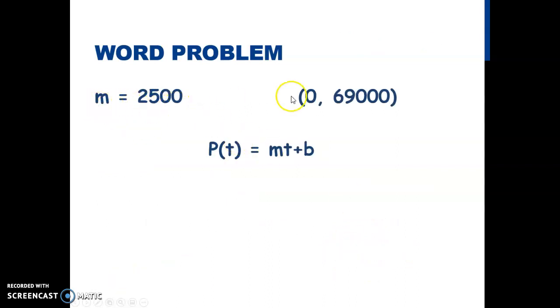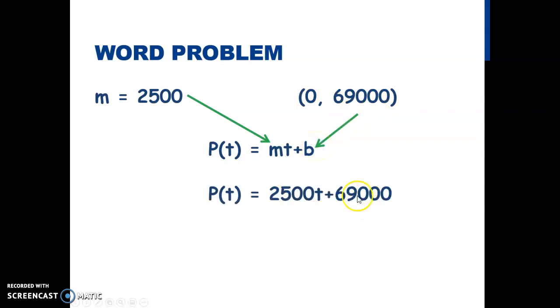Slope of 2,500, a data point of (0, 69,000), and I'm trying to make the formula MT plus B. Let's plug that slope in, and because this is the data point (0, 69,000), that's my initial value, that's my B value, so let's put those in, and there's our formula.